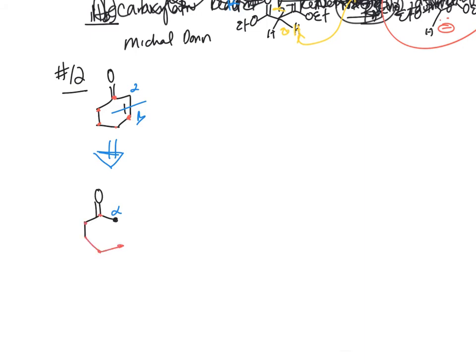And that would be what? That would be your aldehyde, right? So 1, 2, 3, 4, 5, 6. So basically sodium hydroxide, and you make your enolate from your alpha carbon.